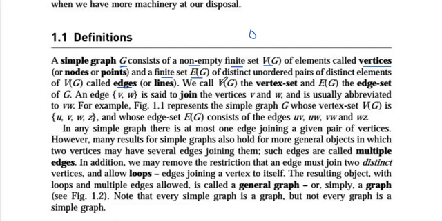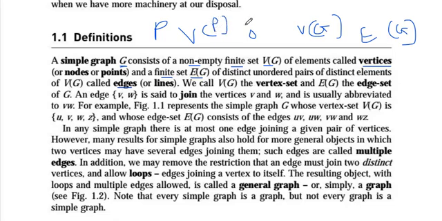So they have given the name graph as G, vertices as V of G, meaning vertices of graph G, and edges as E of G. Let's assume if we have named the graph P, then its vertices will be V of P and its edges will be E of P. It's simply a name.